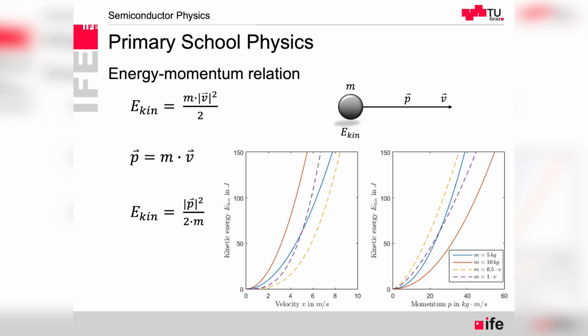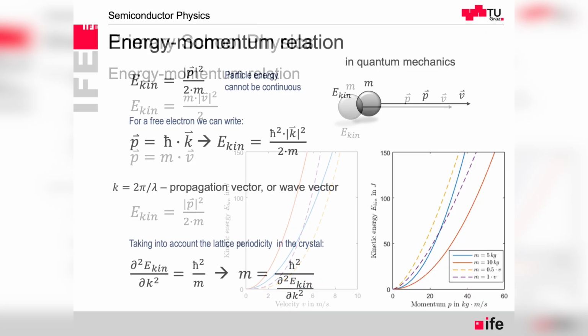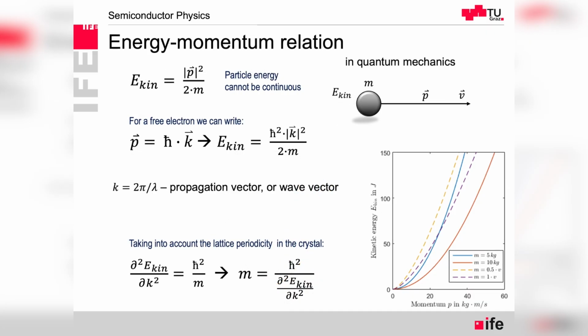And this plot of kinetic energy as a function of momentum is what we are talking about also in quantum mechanics. The kinetic energy is again momentum squared divided by 2 times the mass. But what we have to remember in quantum mechanics, an important difference, is that the particle energy cannot be continuous. So we have some discrete levels and not continuous.